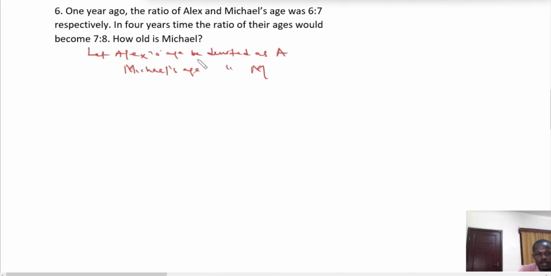So we are going to find the age of Michael.